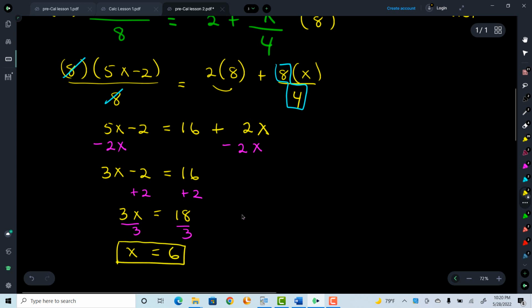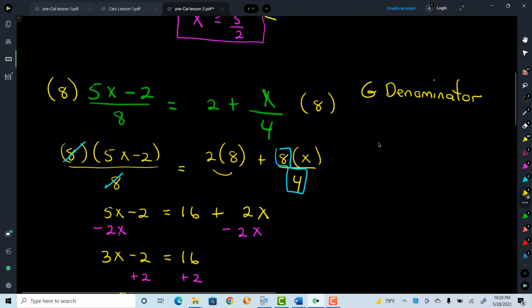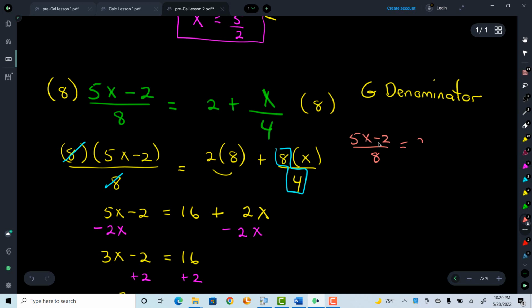Okay? x equals 6. If I go back up and just double check that answer, right, I had 5x minus 2 over 8 equals 2 plus x over 4. So let's substitute our 6 in there. 5 times 6 minus 2 over 8 equals 2 plus 6 over 4.